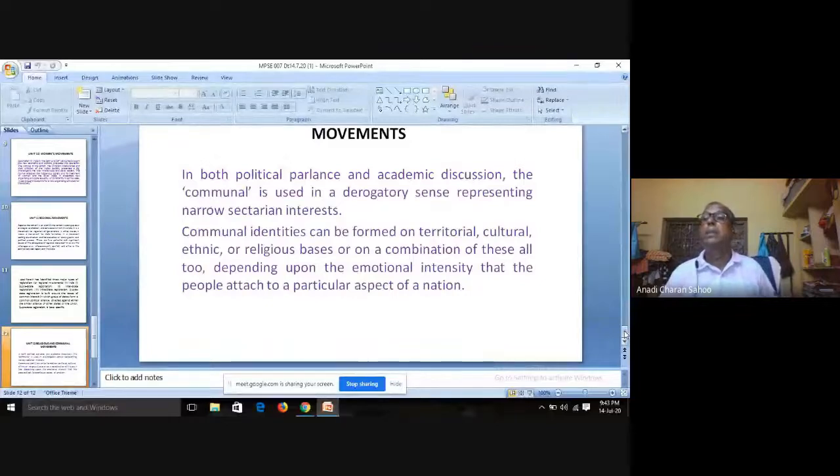The RSS and BJP have attempted to effect a radical departure in the existing educational ethos, through the use of both state power, by packing state educational institutions with its own ideologies, and instruments of civil society.